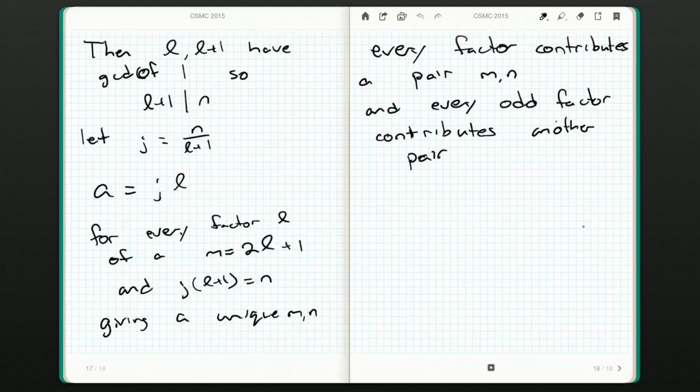So let's take this for a test. Let's do an example. A is 12. What are the factors of 12? We got 1, 2, 3, 4, 6, and 12. So 1, 2, 3, 4, 5, 6 pairs for m and n. And then how many odds? Just 1 and 3. So there should be 8 pairs m and n here.